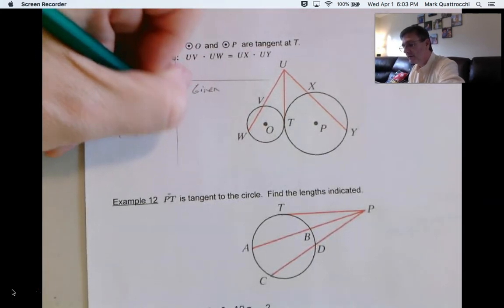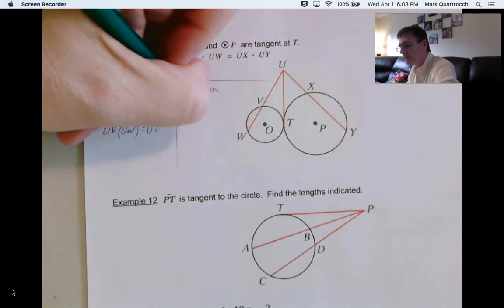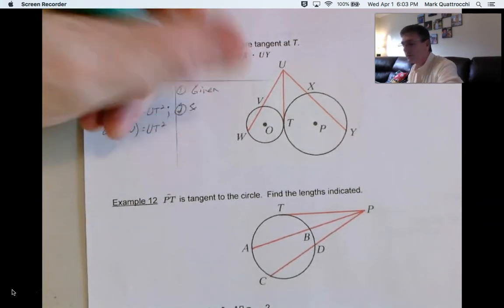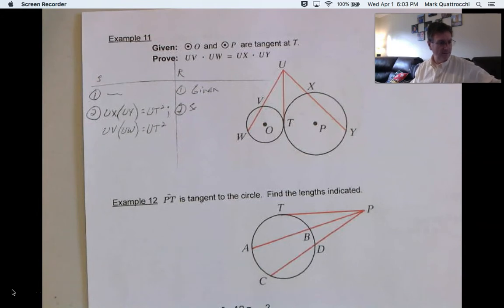And that reason is the segments of a secant and tangents theorem. Let me make sure I get the name right here.